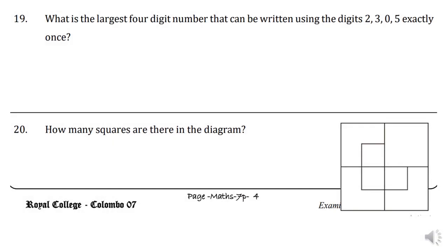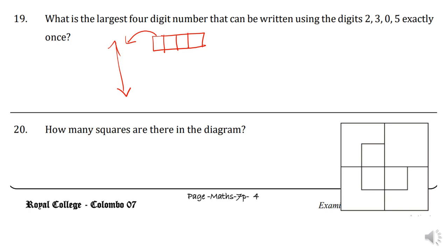What is the largest 4-digit number that can be written using the digits 2, 3, 0, 5 exactly once? In this, there are 4 places, and this is the highest place, right? So in this case, here you have to put the largest number.